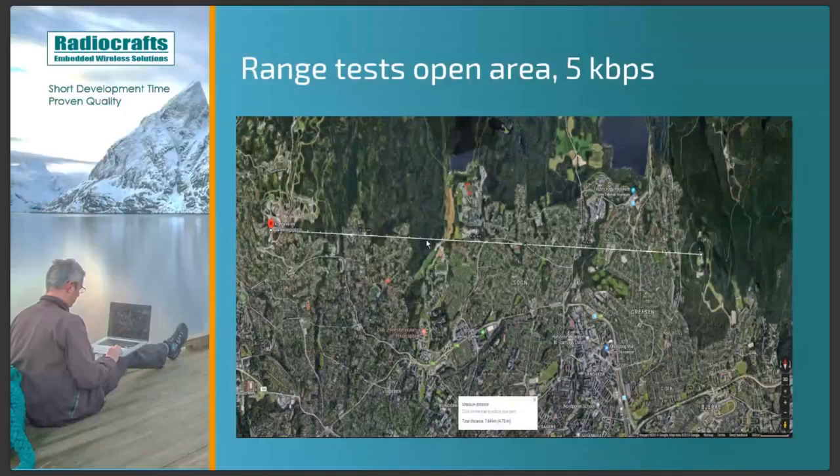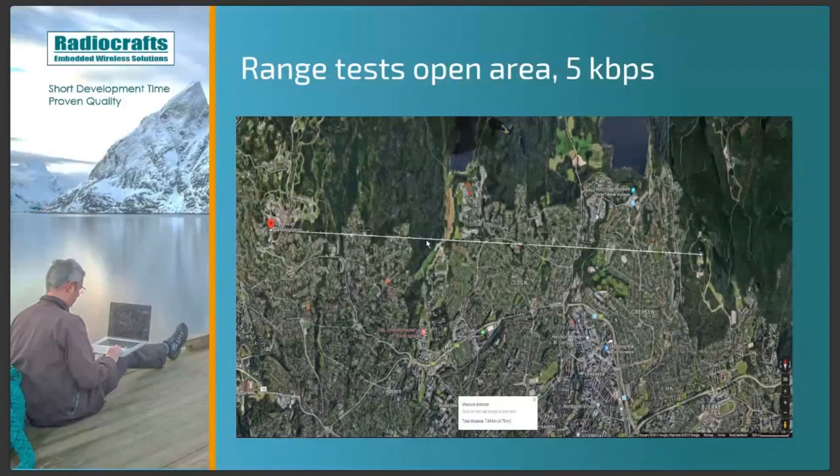And we got a very good, or stable, link at 7.6 kilometers, I think it says here. It's difficult to read the actual readout. So if you are able to put the antennas at high locations and get a good line of sight, this is the range you can possibly get.